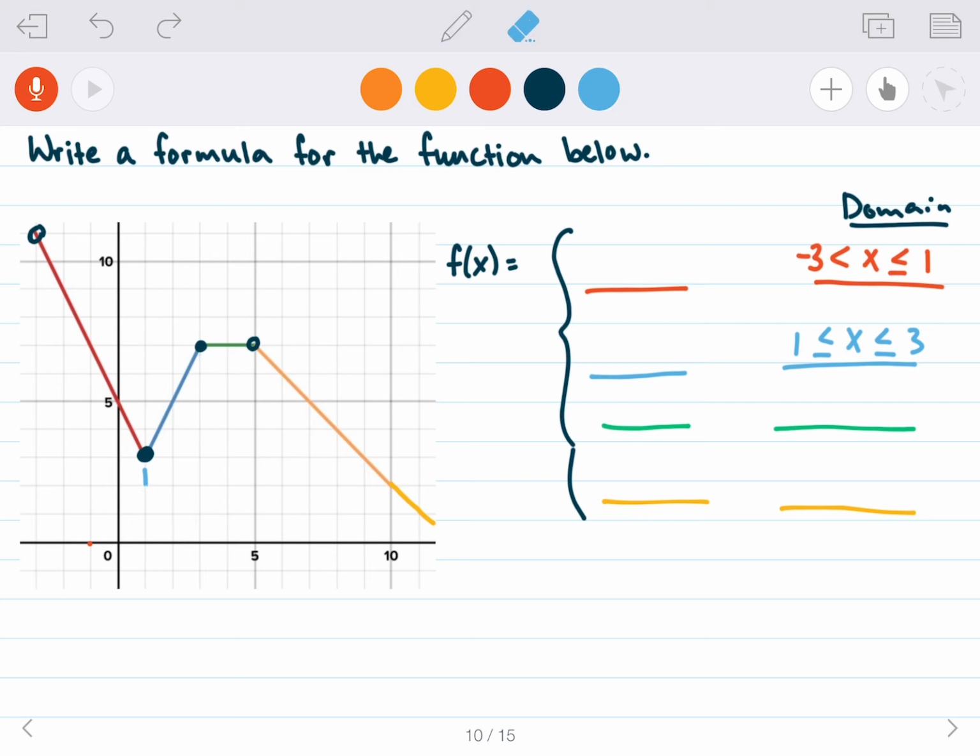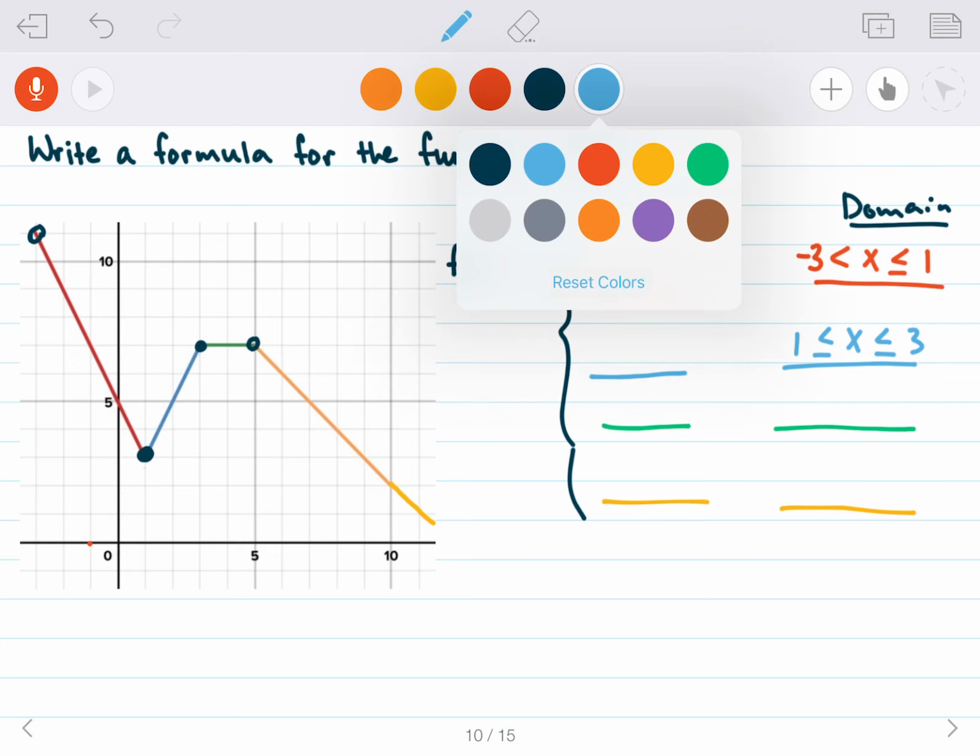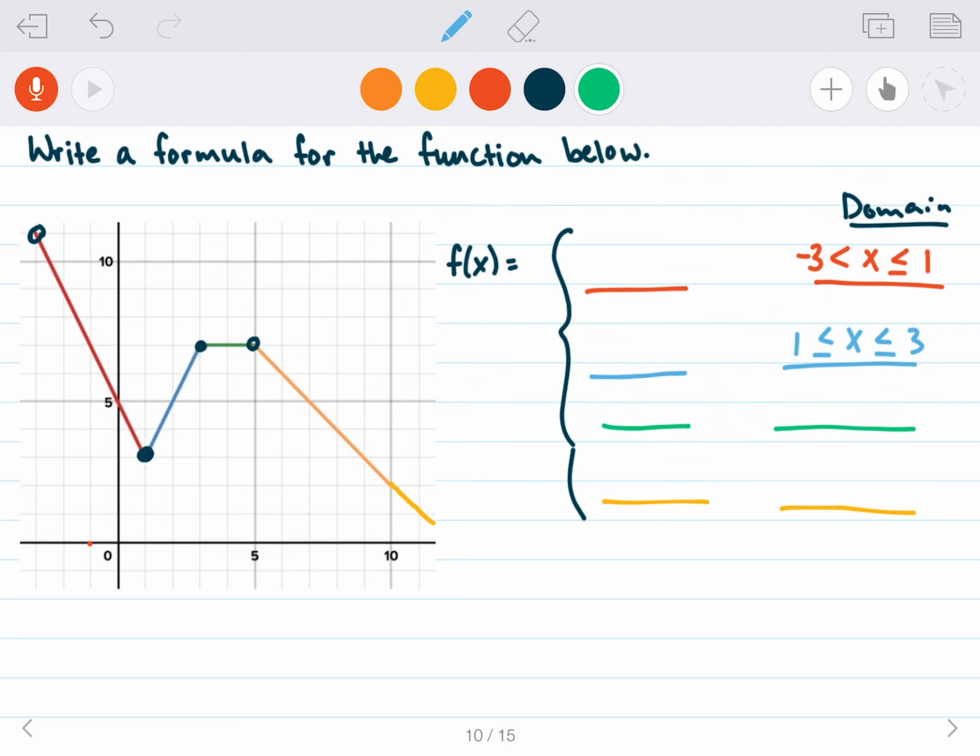Now what about this green thing? So this green thing, we start at an x value of 3, and we end the green thing at an x value of 5. So x is going to be greater than or equal to 3, but strictly less than 5 because of the open dot right there.